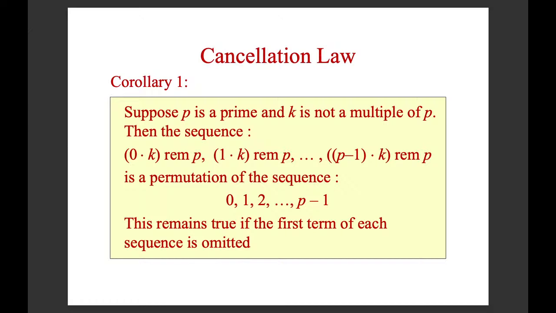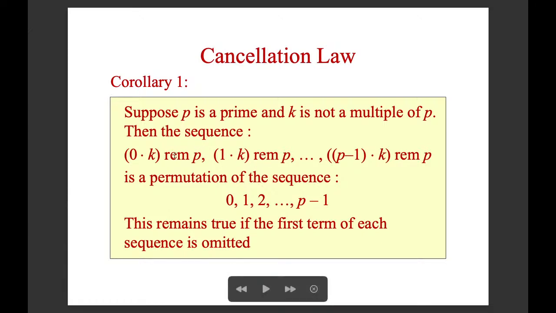Now, because of the previous result, we have the following corollary. Suppose that p is a prime and k is not a multiple of p. Then 0 times k, 1 times k, 2 times k, up to p minus 1 times k will all have different remainders when we divide them by p.